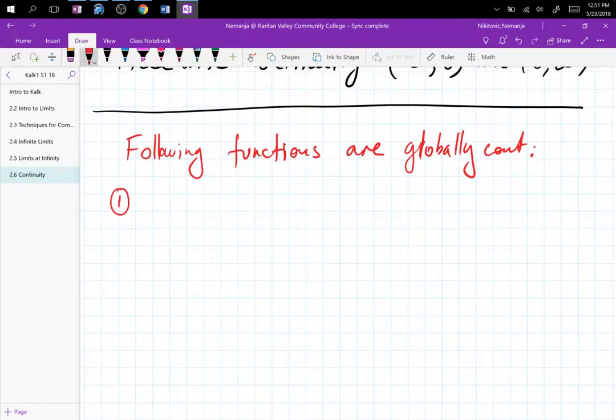Number one, linear function. I don't like that it's singled out because it's part of polynomials. So polynomials.